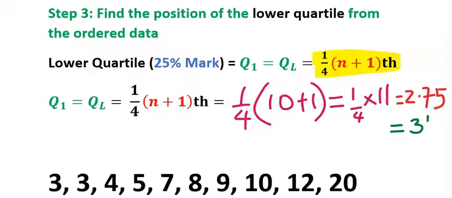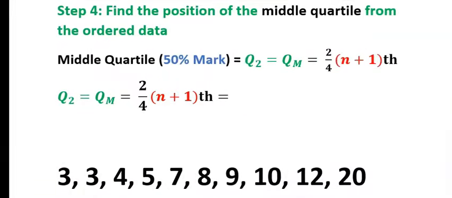Now this is the third position. Our quartile is not 3, but the third position. The first position is here, this is the second position, and this is the third position. Hence, our lower quartile is 4.